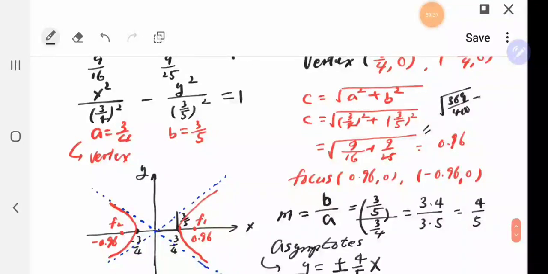Once we simplify this, the denominator is 20, and the numerator is 9 times 41, so that is 3 square root of 41 over 20. So we can use this expression for the foci as well.